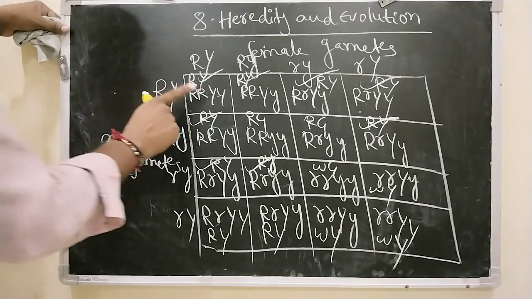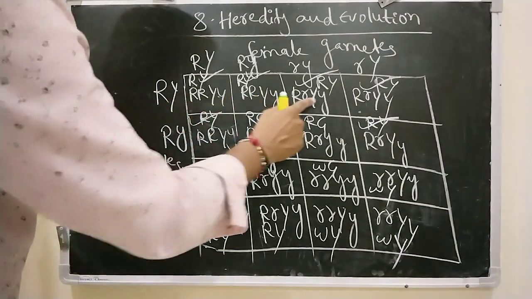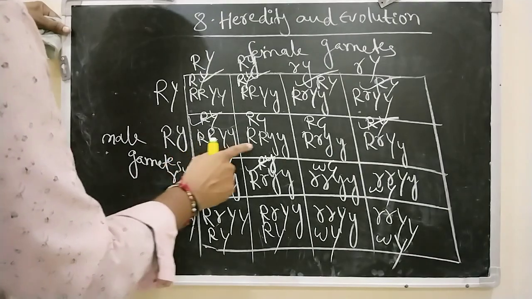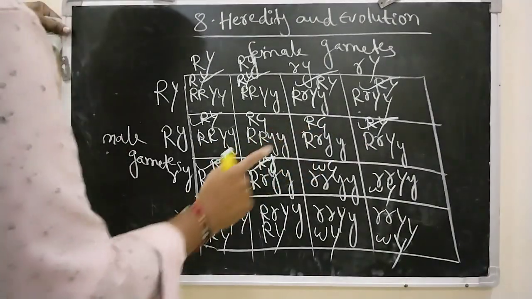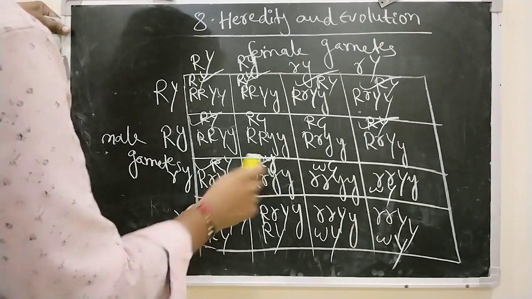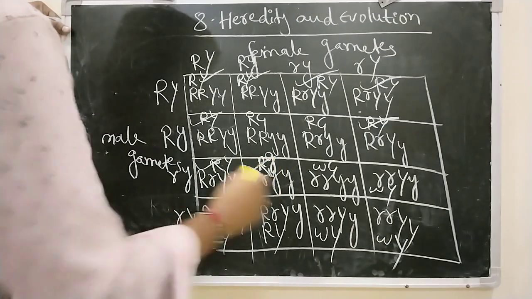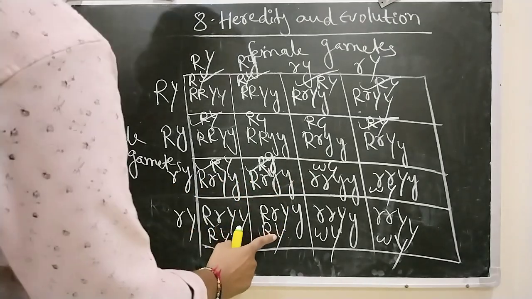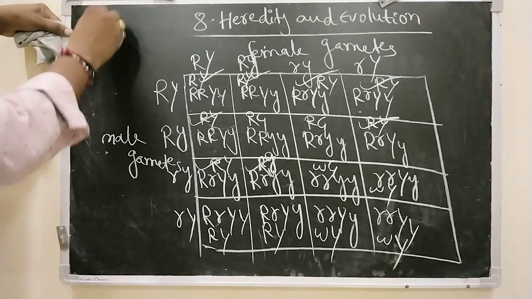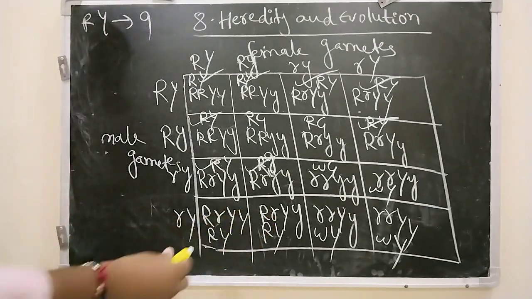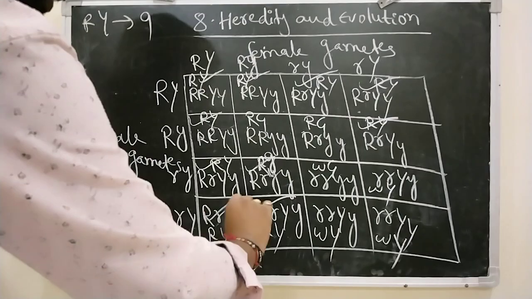Here, so 1, 2, 3, 4, 5, 6, 7. This is not yellow, this is green. So 7, 8, 9. Okay. So round yellow are 9.